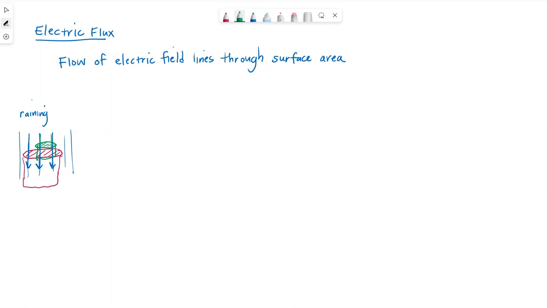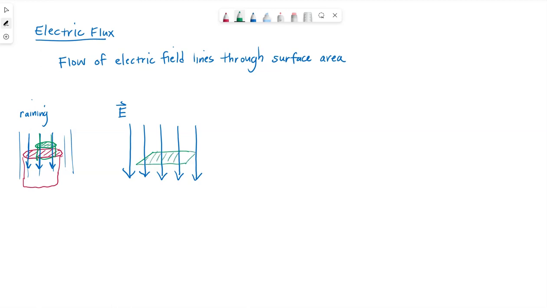And so what we mean by electric flux is, well, if I have electric field lines from some source, it doesn't matter ultimately what the source is right now, that's something creating an electric field, and I have something like paper, something that has a rectangular surface.